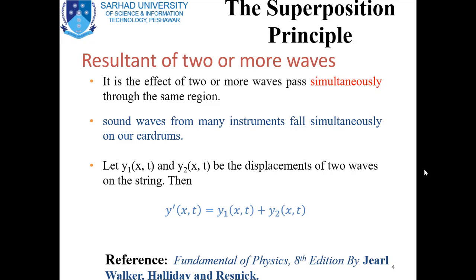The overlapping waves algebraically add to produce a resultant wave. This is the statement of the superposition principle. Keep in mind, the overlapping waves do not in any way alter the travelling of each other.